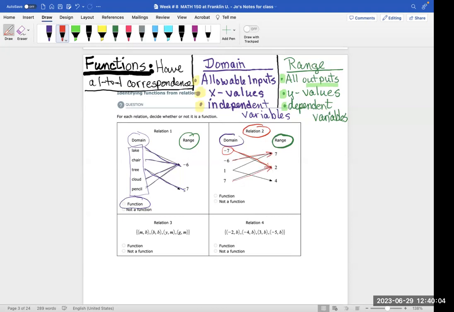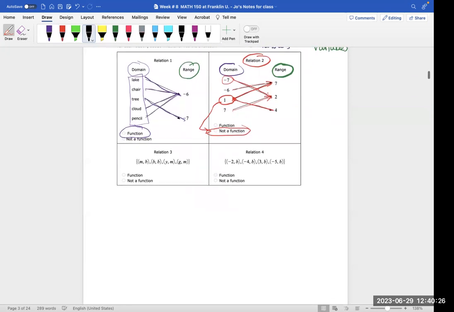Yes, in this case it does, except for the number 1. The number 1 is mapped to 7 and it is mapped to 4. So because of this number right there, we say no, that is not a function because it does not have a 1-to-1 correspondence. Pick one number or one value and it has to answer to one output.